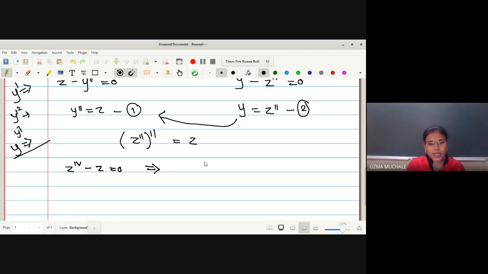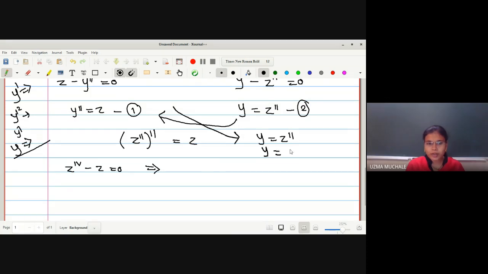In general, we can write this as, rather if you come to our y also. If you want to write this equation for y, what will be the case, if y is equal to z double dash, right? I am just showing you that we can solve in both ways. What is the value of z from equation 1? Now we can substitute the value of z in equation 1.